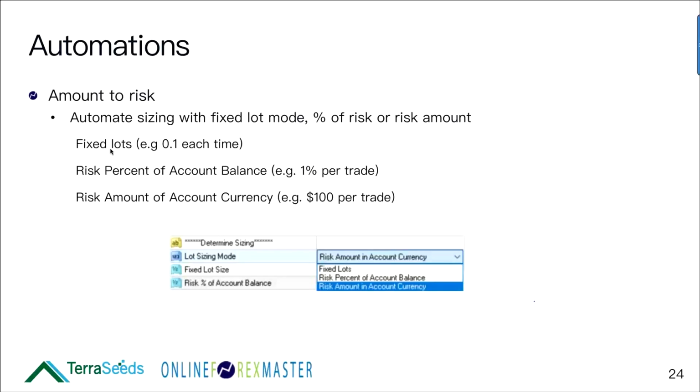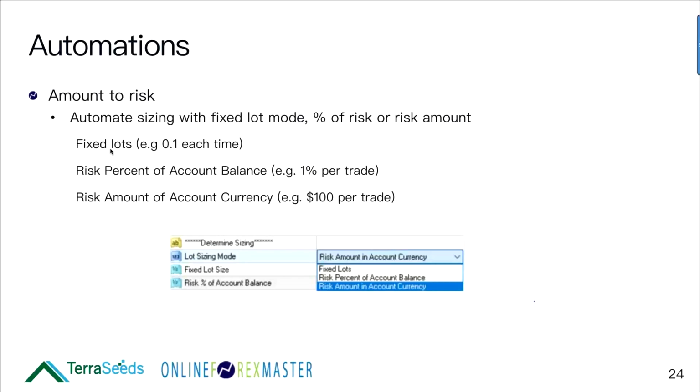Now, account currency is important to determine because your funded currency could be, let's say, in Sing dollar, but your profit and loss, depending on what you trade, right, could be in dollar. Okay, so it is always important to bring your amount of risk back to your account currency, which is your funded currency.